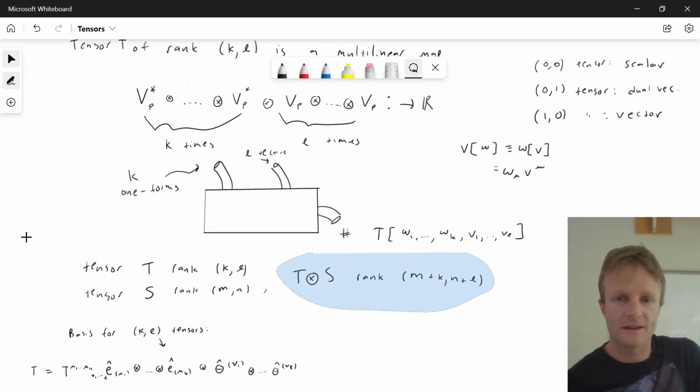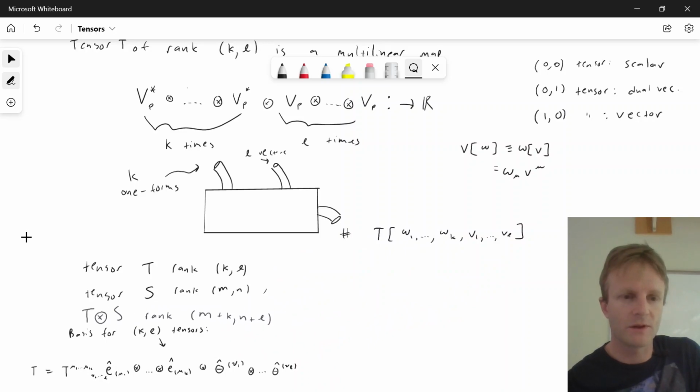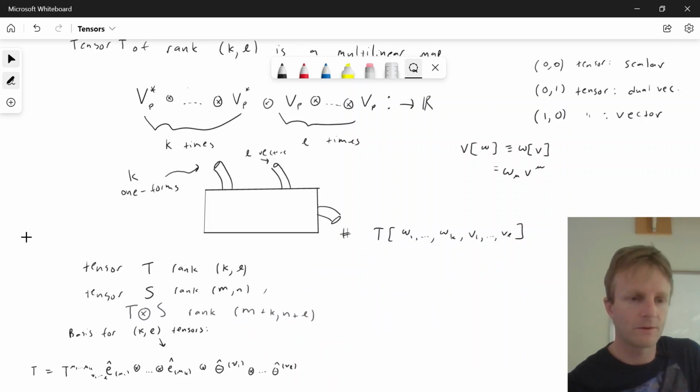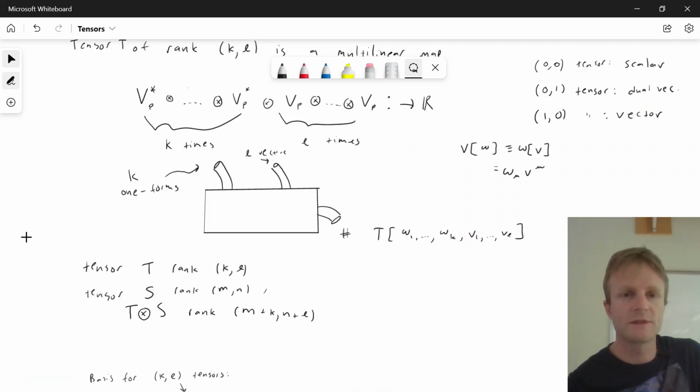And what is that tensor? Well, the only structure we really have available are these maps, right? The tensor was defined as a map from vectors and one forms to numbers, and so we have to use that map.